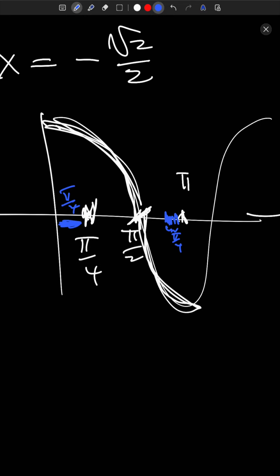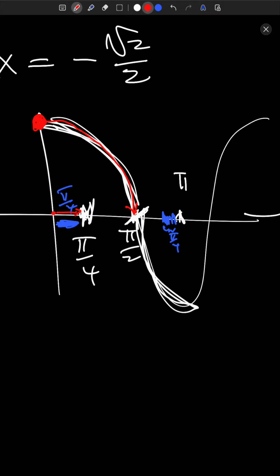One way to think about this is I'm looking at the hump in a direction from the top of the hump going down towards 0, let's say it like that. And if I think about it like that, I'm moving from here towards there, a distance of pi over 4.